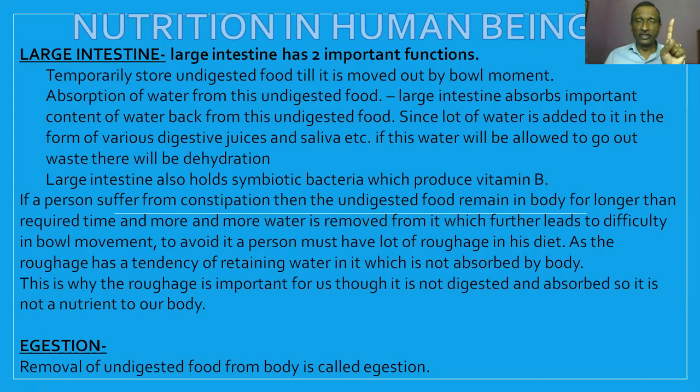First of all, it stores all those undigested parts which have not been absorbed or digested. They are periodically pushed by the peristaltic movement, and finally they land in the large intestine. Second and the most important function of the large intestine is that it reabsorbs water content from the digested food.